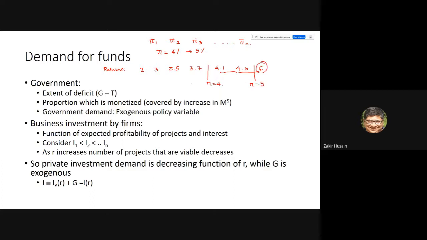Acha. Suppose your interest rate falls to, let us say, 2.5. So you will invest in all the projects except I1. So what we can see is that as R goes up, a smaller number of projects remain feasible.